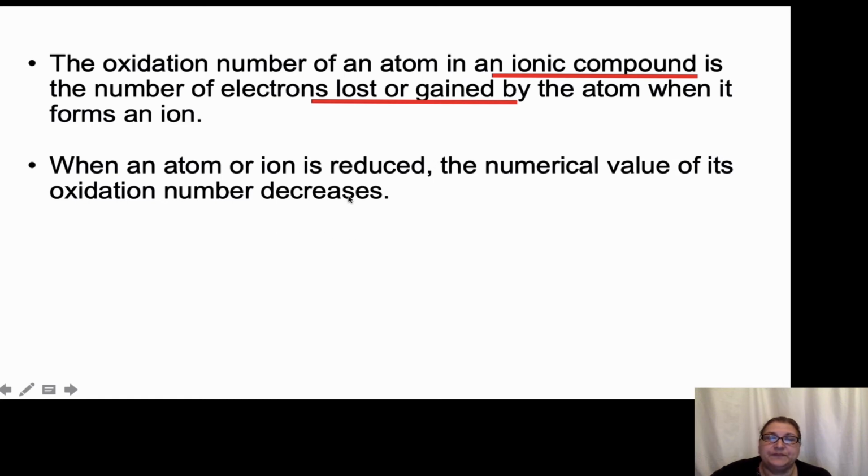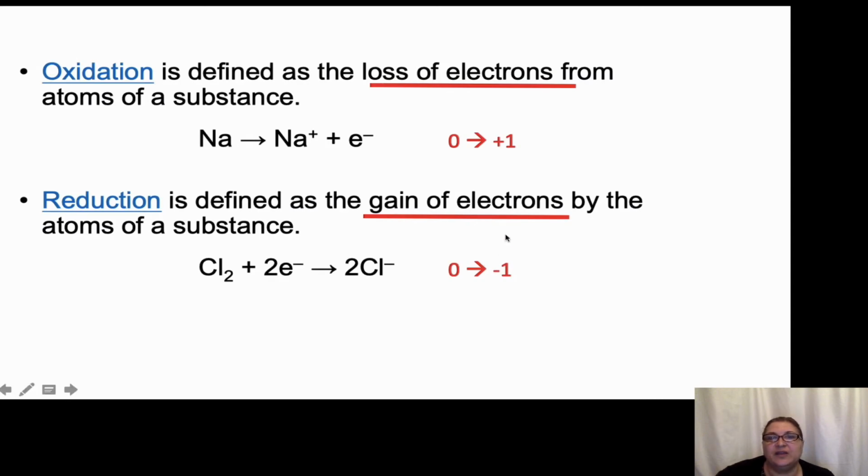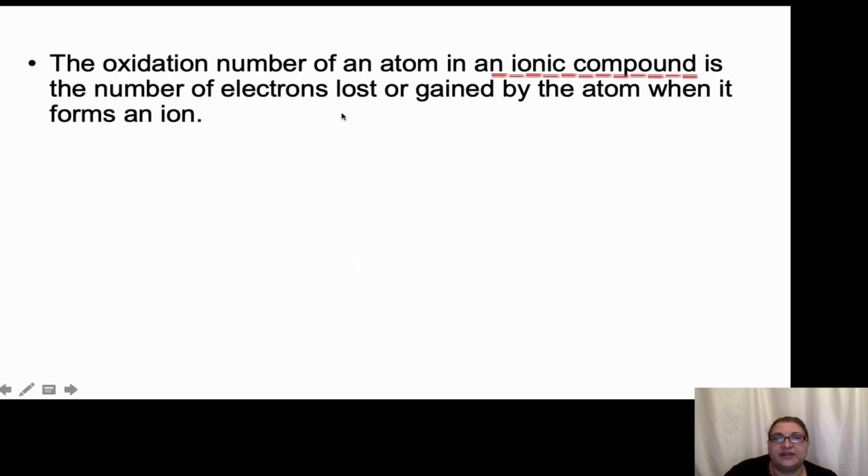Okay, this is what we just said. When you gain an electron, the oxidation number decreases, and when you lose an electron, the oxidation number increases. That's what this statement is.